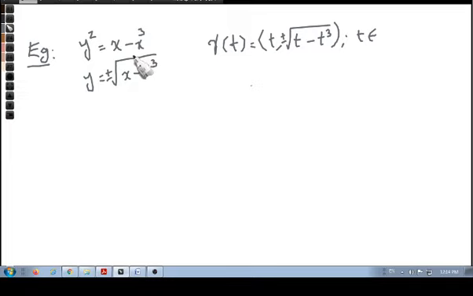So you cannot parameterize all level curves. This is a typical example. There is no single interval where t varies such that you can parameterize that curve in that interval. So I will write a theorem on under what conditions you can express a level curve as a parameterized curve.